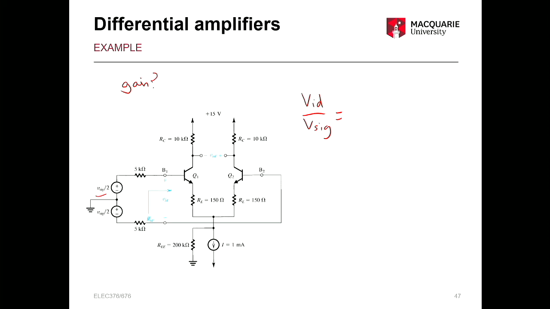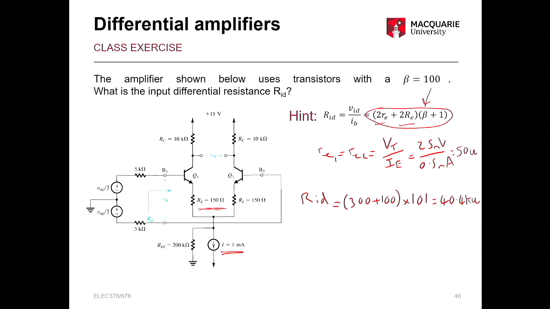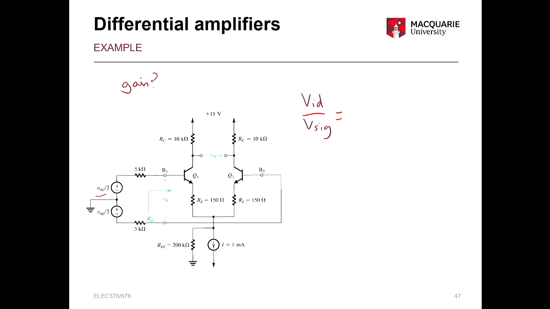But you'll need to look at the total resistance. So in this case, that will equal RID divided by RID plus R signal. Now we know RID, we just calculated that to be 40k. R signal is the total resistance seen from the signal point of view, which is going to be 10k.